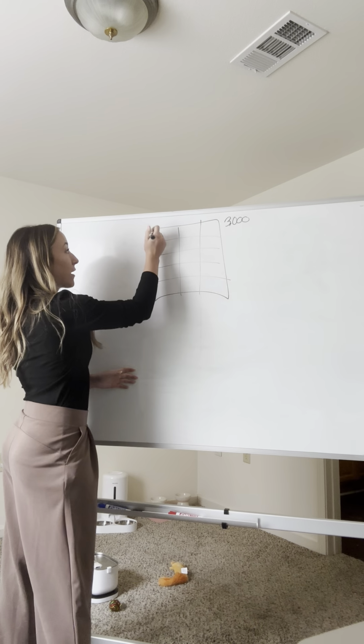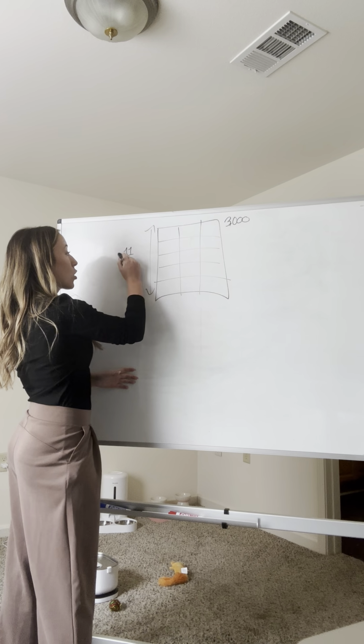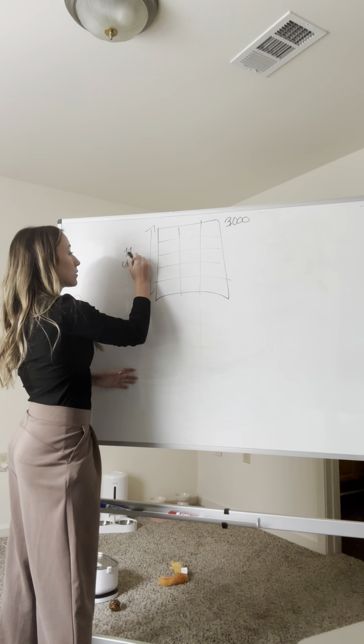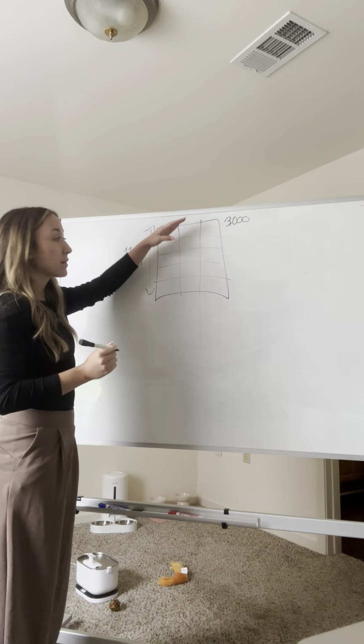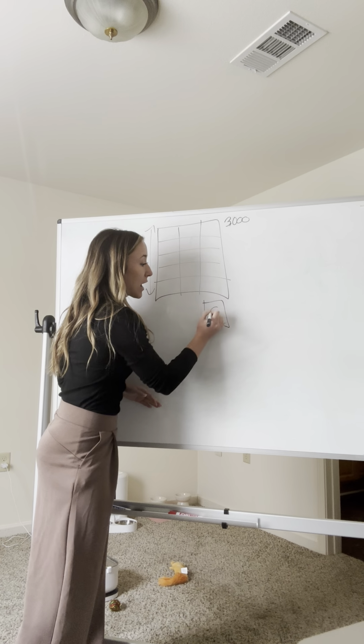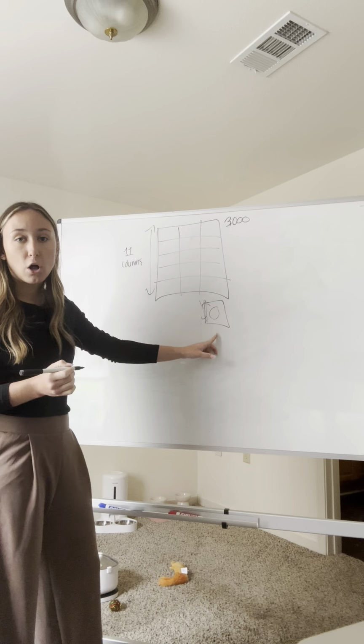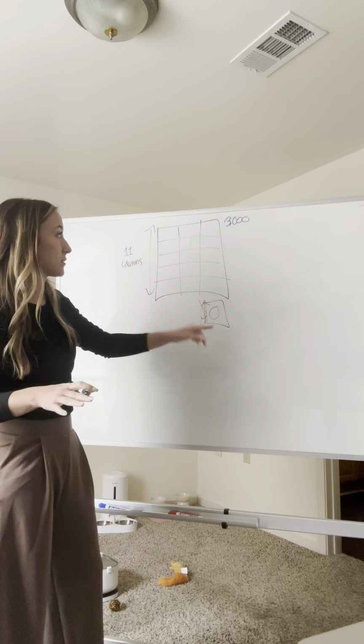And you're going to have to use 11 columns. So there has to be 11 columns going down, and your final amount down here has to equal $0. If it doesn't equal $0, you get 0 points for this.